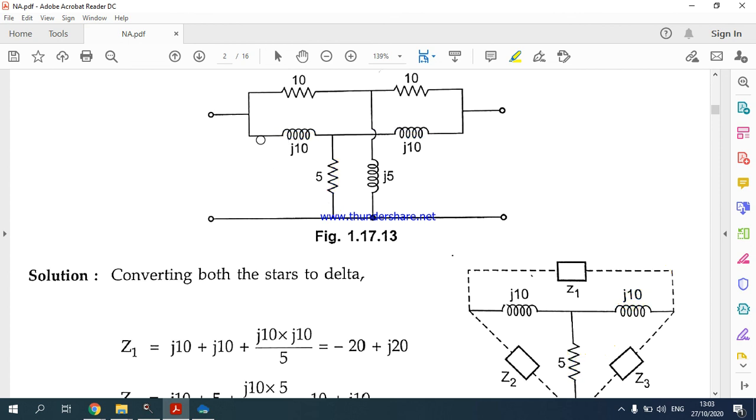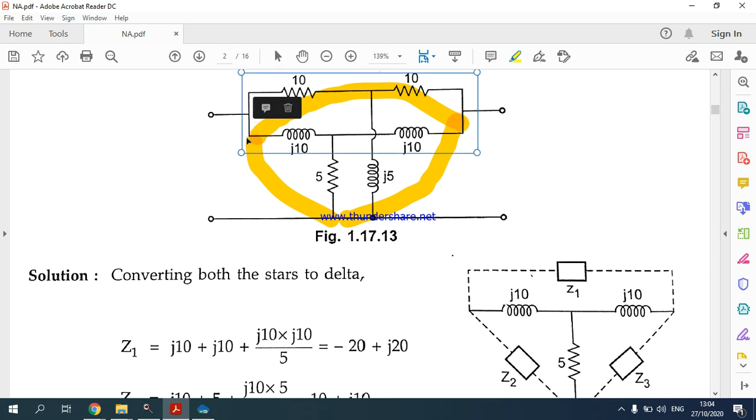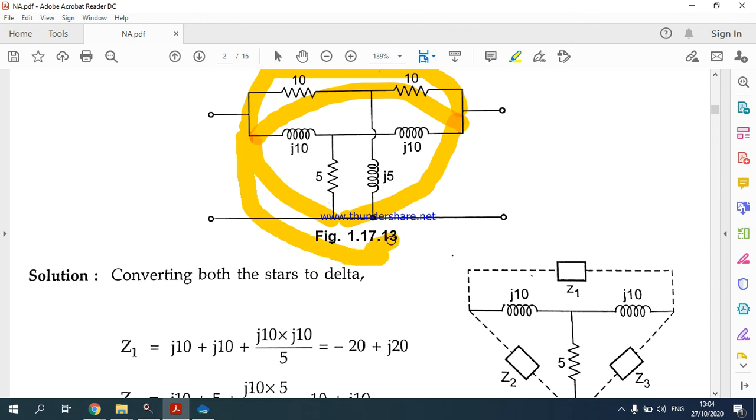So for this setup, you got connections like this, and also for this one also you got like this. For this setup. And these two are connected here.